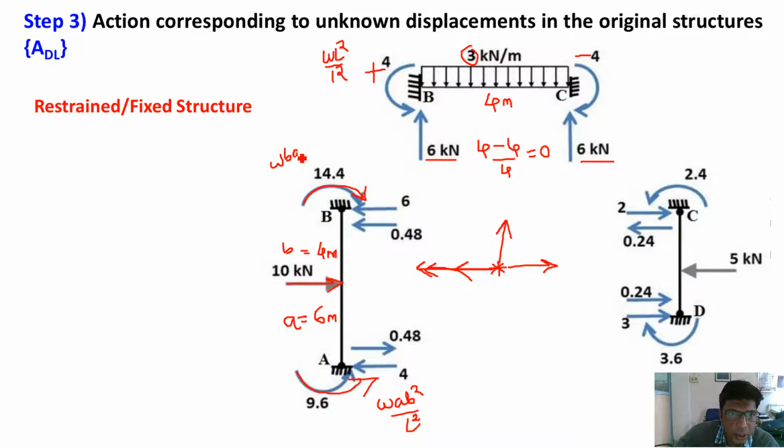Using these formulas, now we can calculate the fixation moment. So a is equal to 6, b is equal to 4, W is equal to 10. If you substitute values, Wab square by L square is equal to 9.6 at A and 14.4 at B.